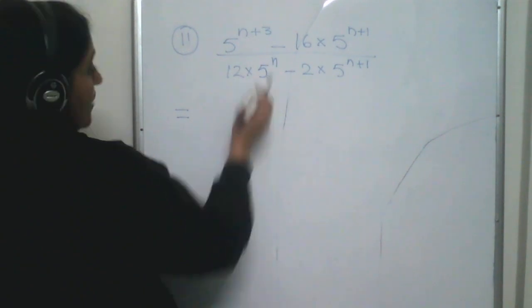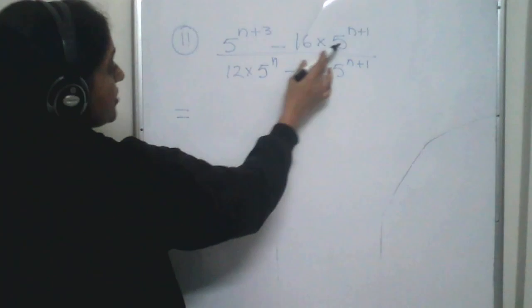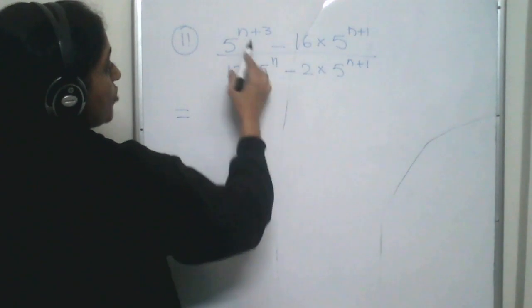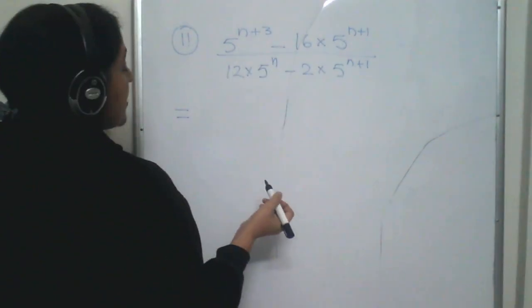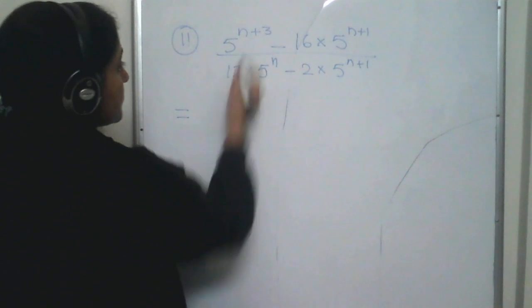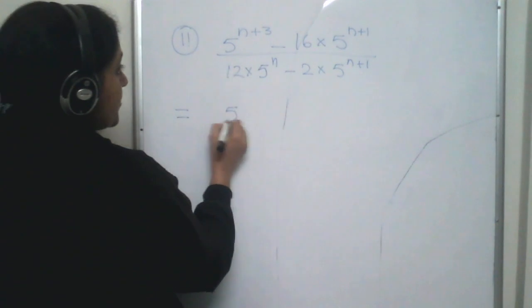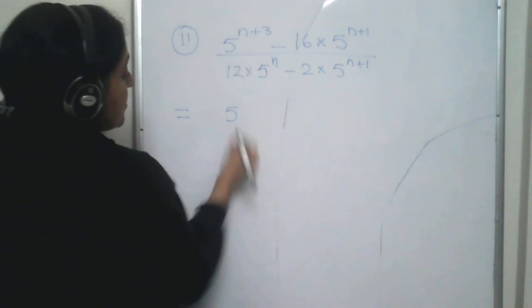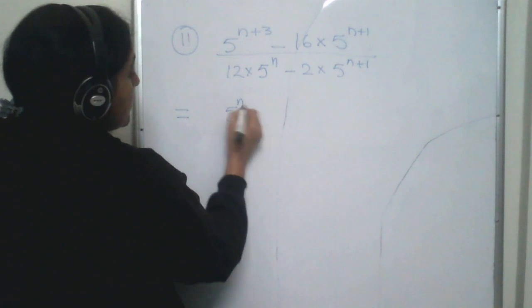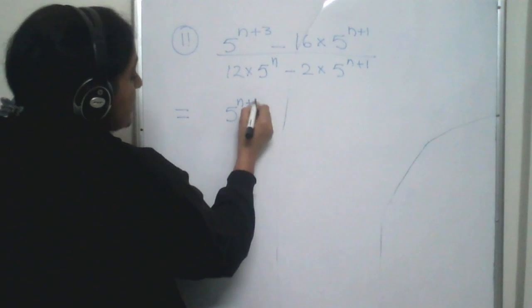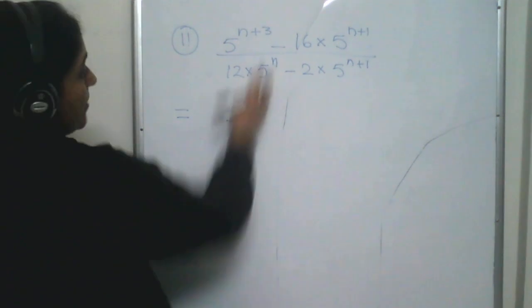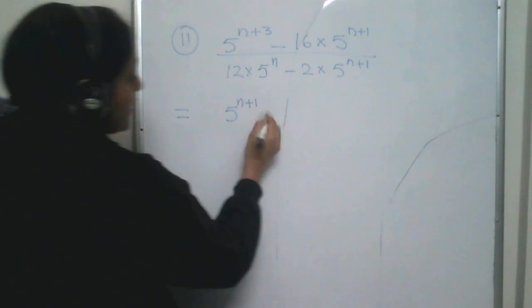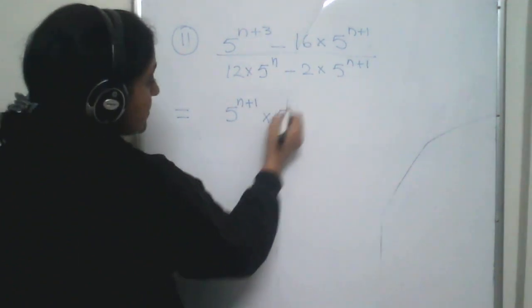separate it. Now will we be able to take 5 to the power n as common? Yes, we can. Now see here, 5 to the power n plus 3 is nothing but 5 to the power n plus 1 that I am writing. You may say, ma'am, it is 3, you cannot write 1. Yes, but can I write like this?